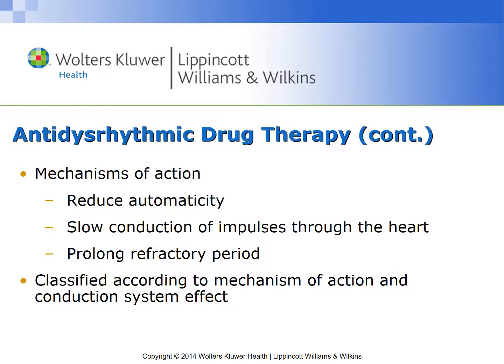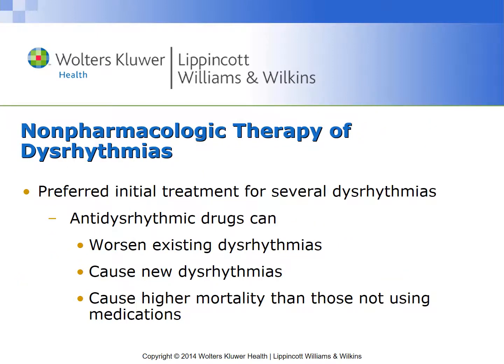Now, the medications are classified according to the mechanism of action and the conduction system effect. Non-pharmacological therapy is going to be a preferred initial treatment for several dysrhythmias. Antidysrhythmias can make things worse. It can cause additional dysrhythmias, and it can have a high mortality rate.